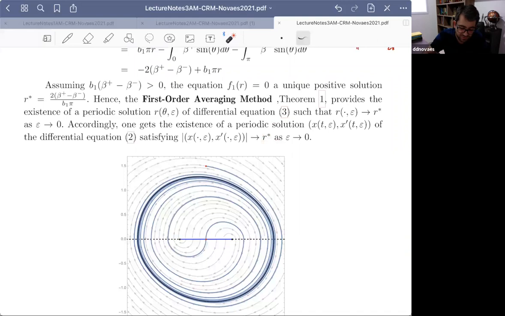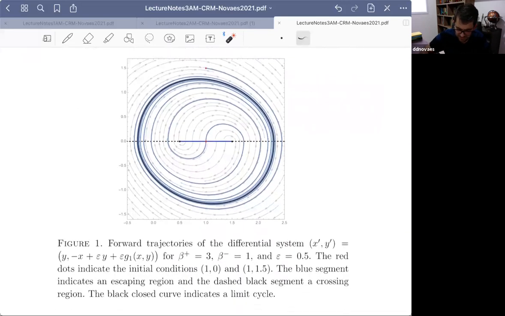Of course, if we vary this parameter, this limit cycle will converge to the origin. However, fixing this parameter and varying epsilon, our limit cycle converges to a circle with a given radius like this. Okay, so this is the mathematical simulation.